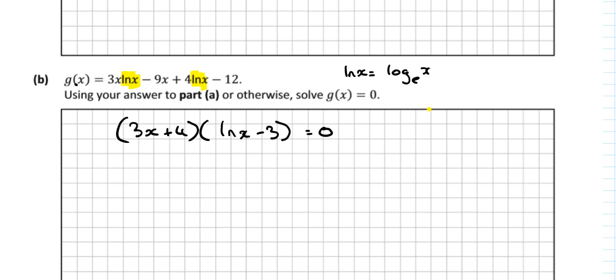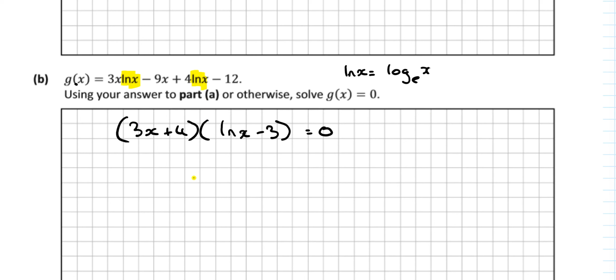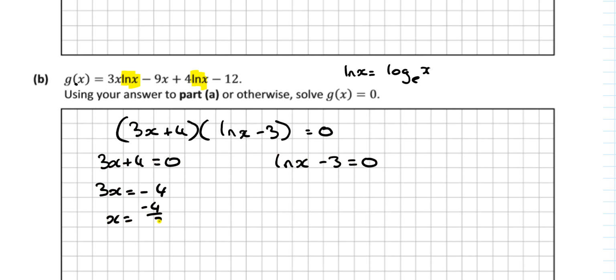Okay, so I have two brackets being multiplied together, giving 0. That means either the first one is 0, or the second one is 0. So the first one being 0 will be x equals minus 4 over 3. So it's either that, or log to the base e of x is equal to 3.